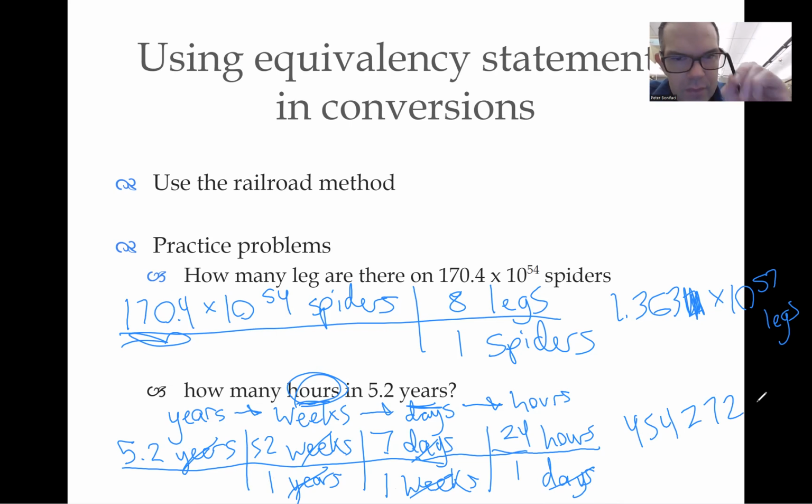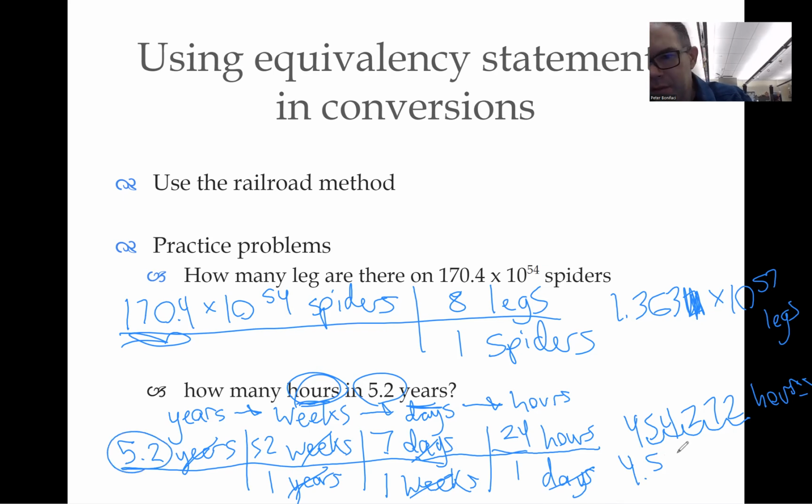If you write hours after that, you totally get full points and feel awesome. However, if you want the extra credit, you go one level, which is 2 sig figs. So it'd be 4.5 times 10 to the 5th hours, and that would be worth 4 points.